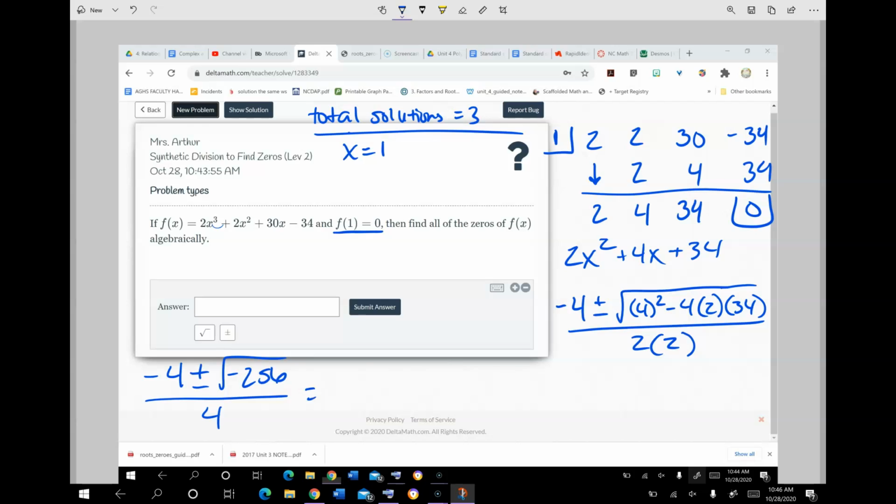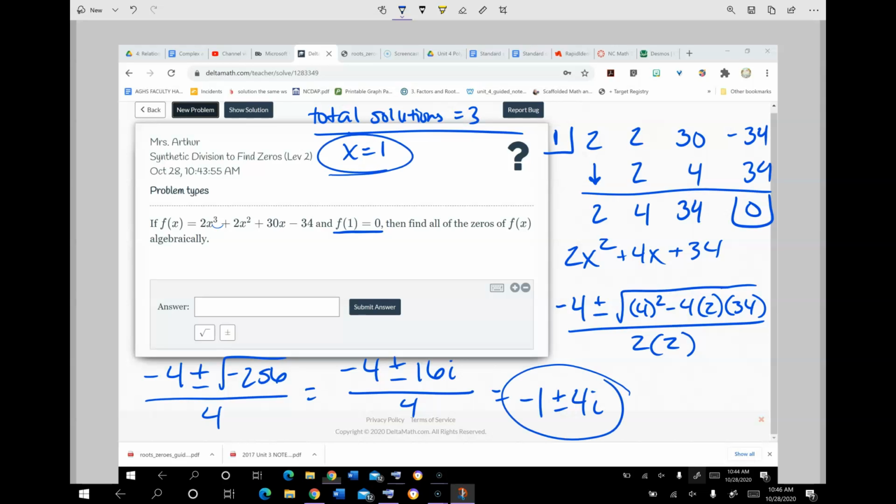So the square root of negative 256 is plus or minus 16i over 4. Okay? Both of those are divisible by 4. Negative 4 divided by 4 is negative 1. 16 divided by 4 is 4. So it looks like we got the same answer again. So my answers are 1 and negative 1 plus or minus 4i.